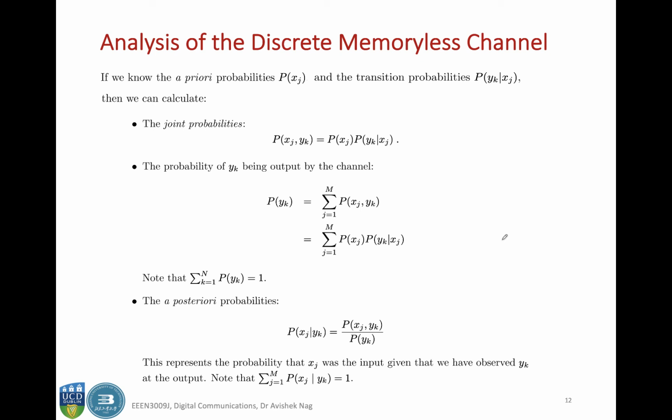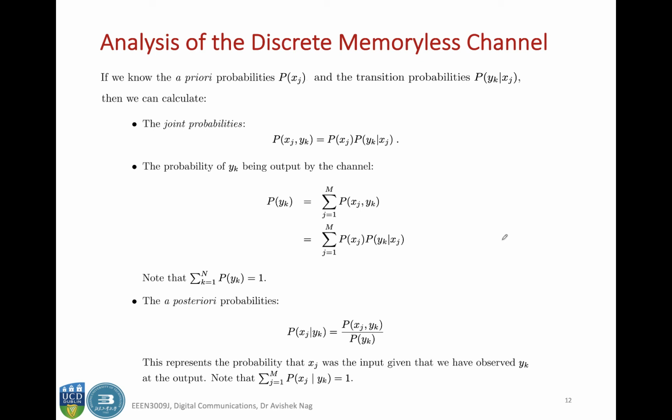Okay, so let's say you have your inputs x1, x2, x3 up to xm, and each of those inputs is denoted by xj. There is a probability associated with those inputs.